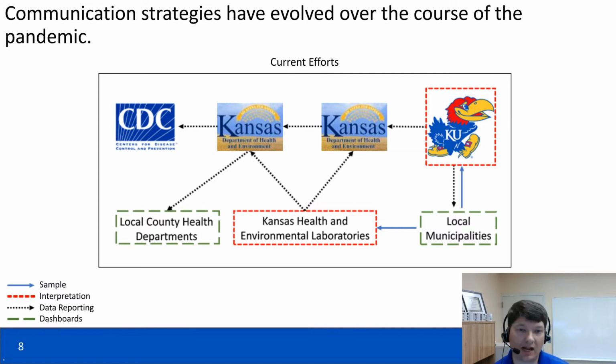And so then our health side is reporting our concentrations to the CDC through the national wastewater surveillance system. And again, also disseminating to these local county health departments. So again, I think an important point to make is that these communication strategies have really evolved over the process. And again, we largely took the philosophy of trying to get this information out to as many people as possible.